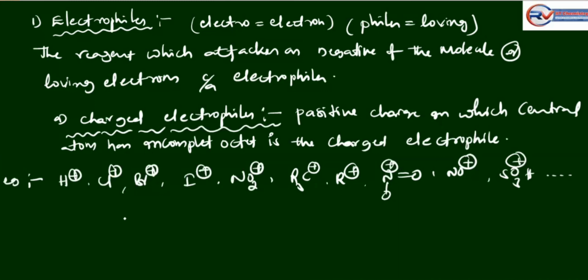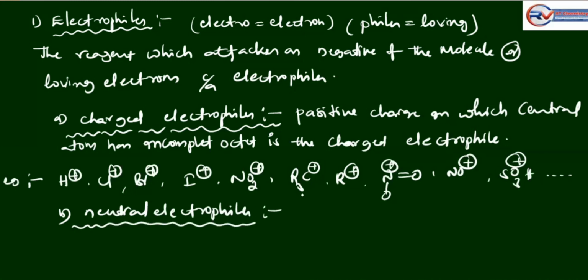The second one is the neutral electrophile. What is meant by neutral electrophile? Those which possess electron deficiency.